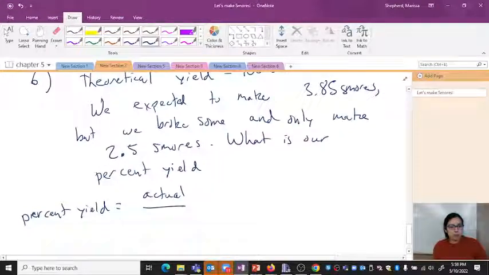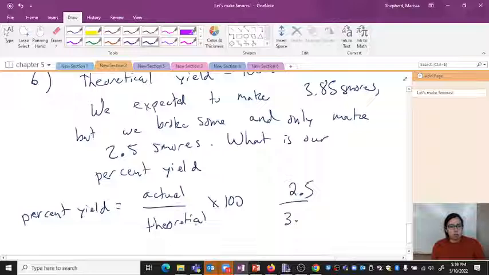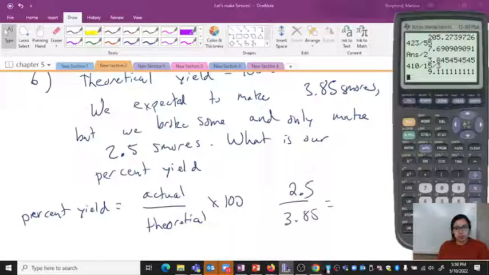That's actual over your theoretical, and then times 100 to make a percent. In this case, our actual was 2.5. We expected to make 3.85. So what do we get for our percent yield? 64.9%. So that's not too bad, not too great either.